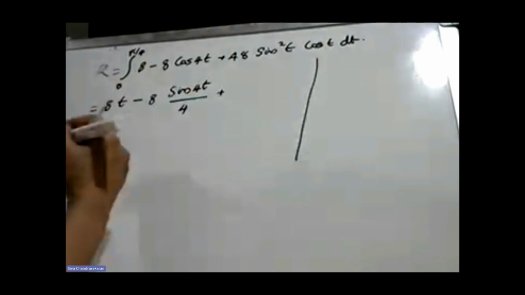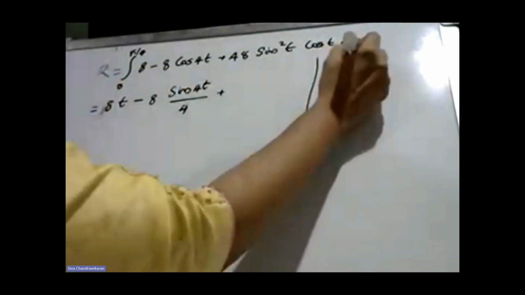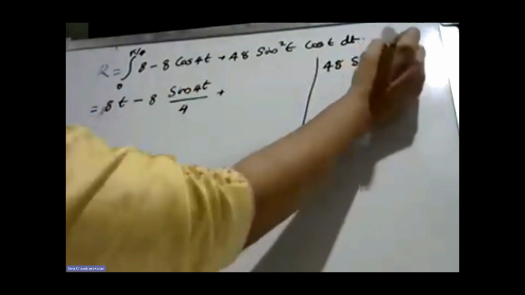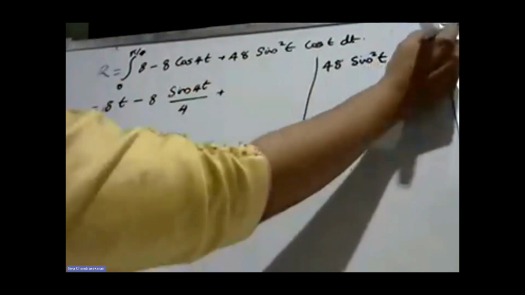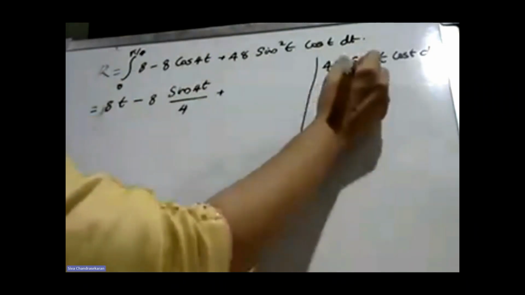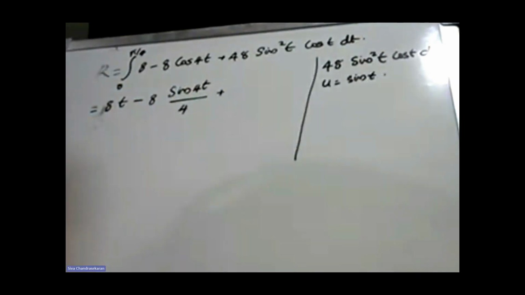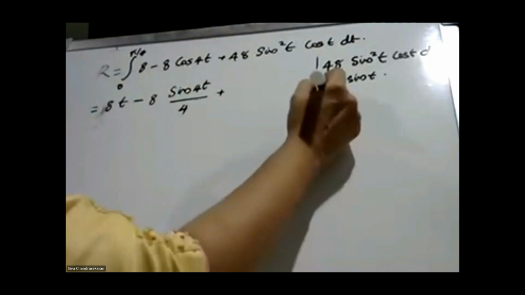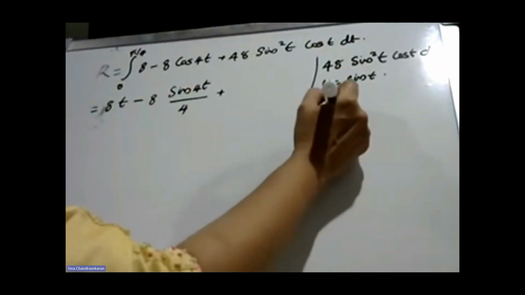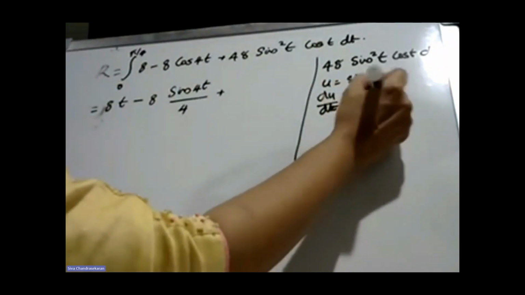for the next, let us do it separately and then put the answer. The next term is 48 sine square t cos t dt. Here let me take u is equal to sine t. If u is equal to sine t, then du by dt is equal to cos t.